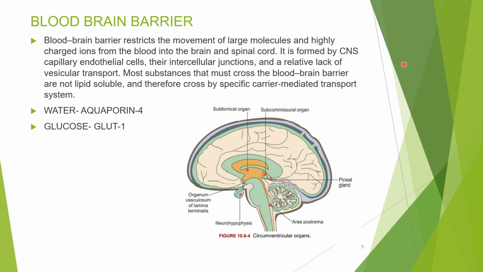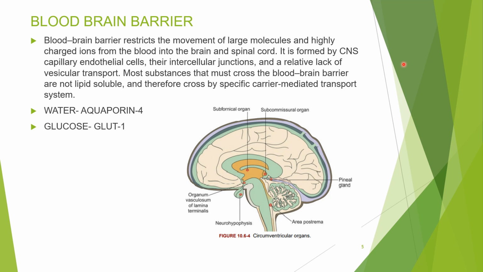And this is lacking vesicular transport also. So there is no vesicular transport here. So most substances that must cross the blood-brain barrier are not lipid soluble. So they have to cross the barrier by a specific carrier mediated transport system.